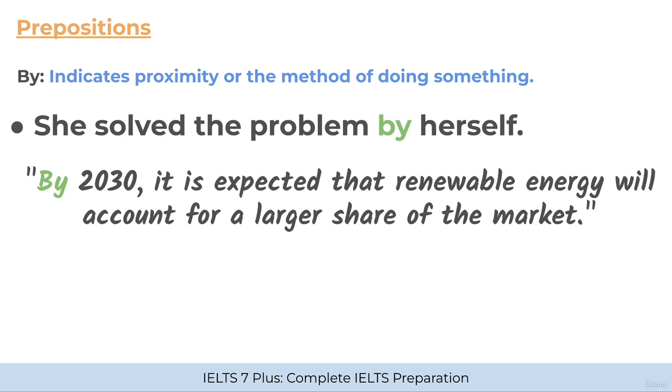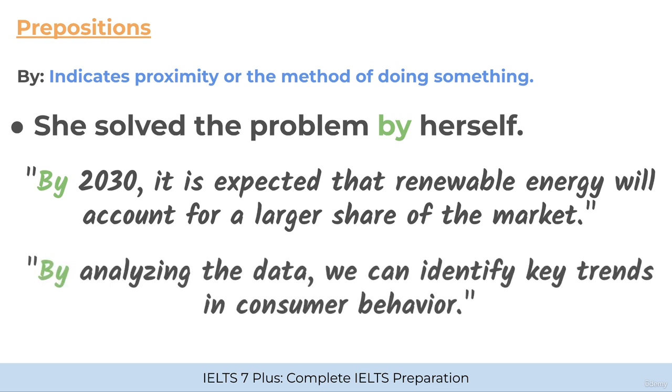Now, this is interesting. It's a little bit different. So there's a method of doing something or proximity. So in this example, it's talking about, well, by the time it is 2030, however long that is away. Another one: by analysing the data, we can identify key trends in consumer behaviour.